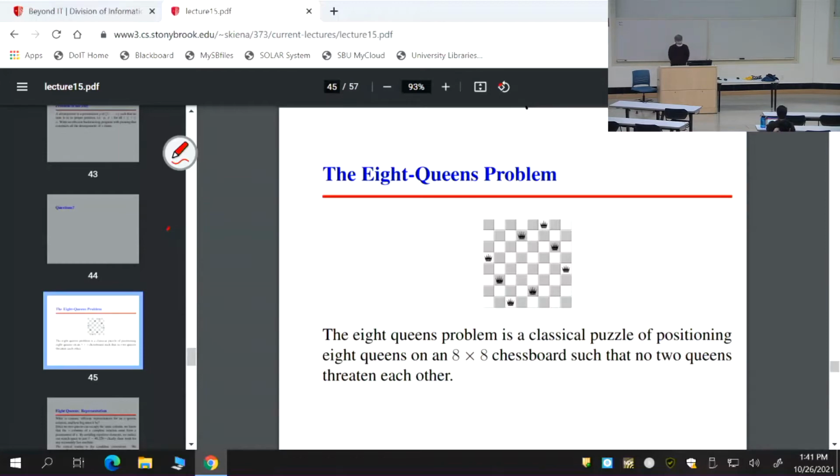Pruning is how you cleverly look at a problem and figure out how to avoid doing more search than is necessary. And the classic puzzle for doing that is the 8 queens problem, which I'm imagining many of you have seen. Now, in chess, what can a queen do?